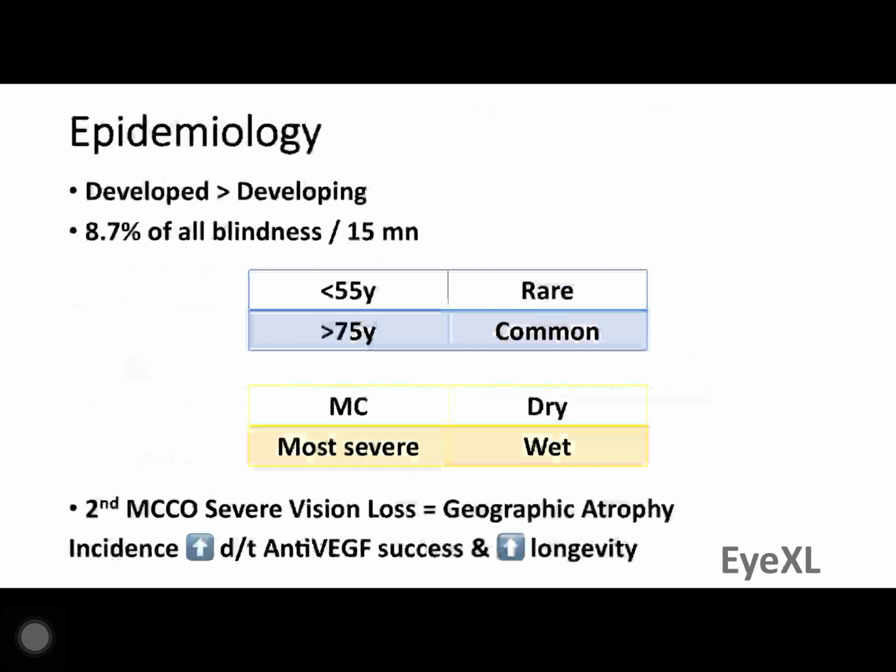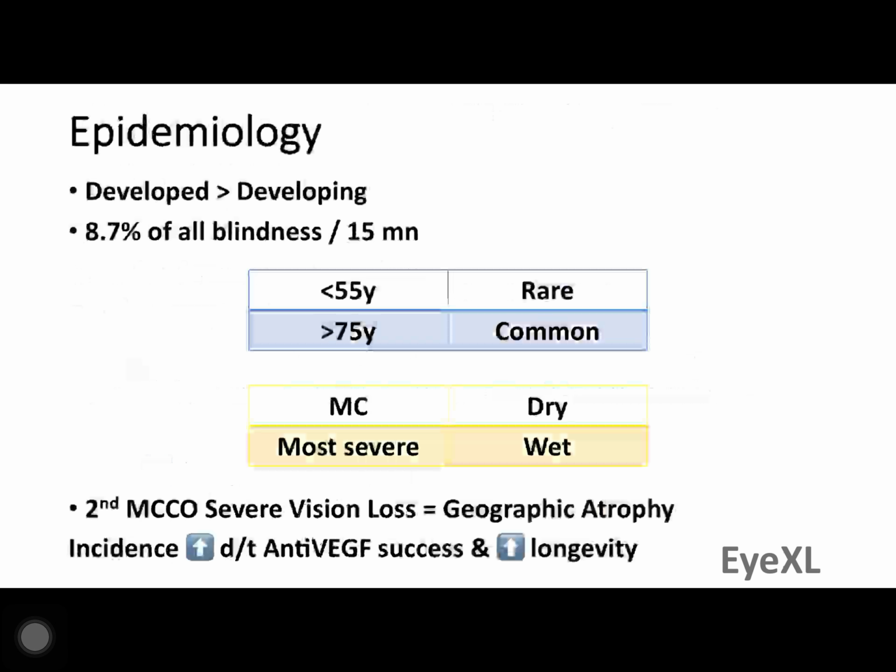The first most common cause of ARMD which produces vision loss is neovascularization, that is wet ARMD, and the second most common is geographic atrophy. However, do understand that the incidence of geographic atrophy is slowly increasing simply because we now have effective treatment for wet ARMD. We have anti-VEGF injections, which we'll speak about in the treatment part, which allow us to control the wet ARMD better.